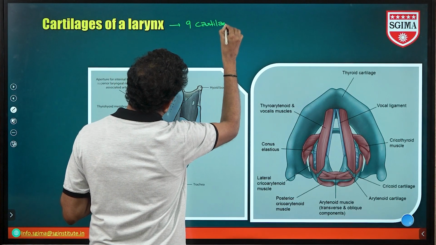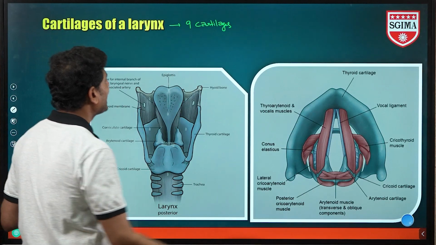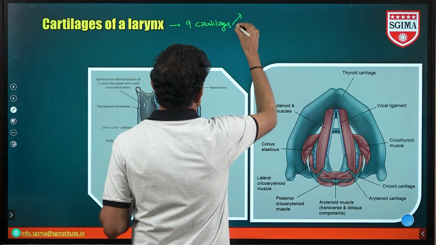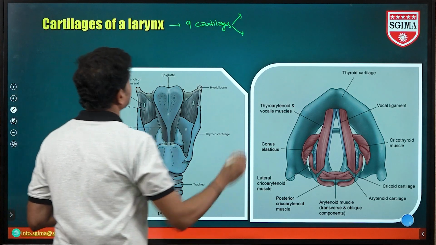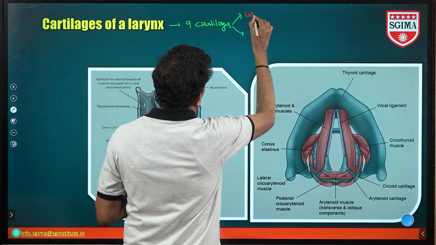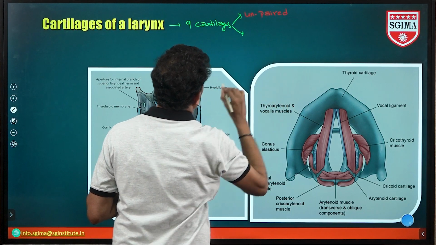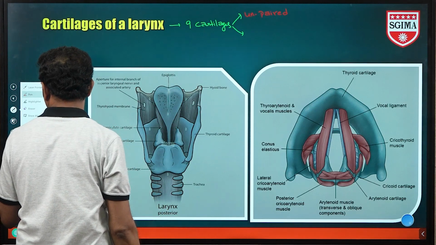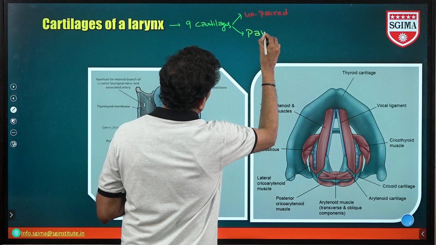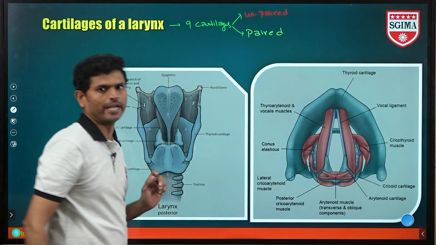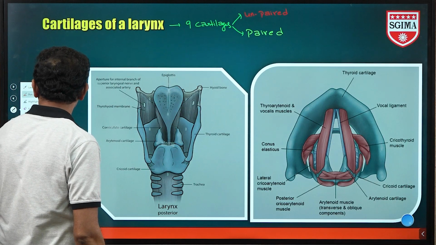Among these 9 cartilages, we can categorize them into one category that is unpaired and another one that is paired. Unpaired cartilages, paired cartilages, what are those things?